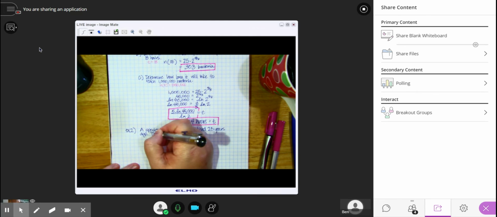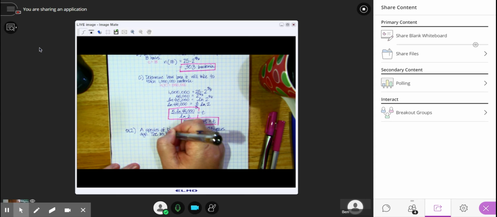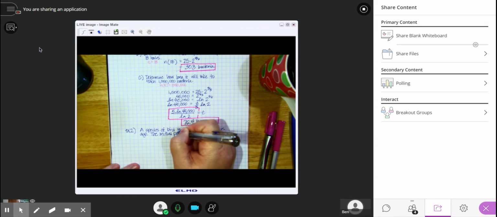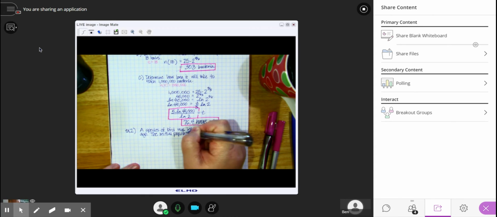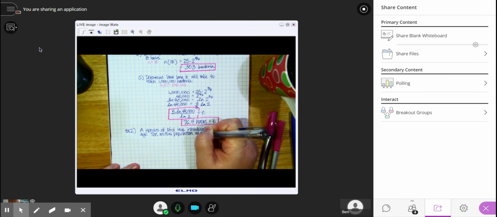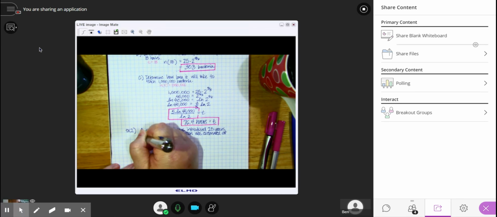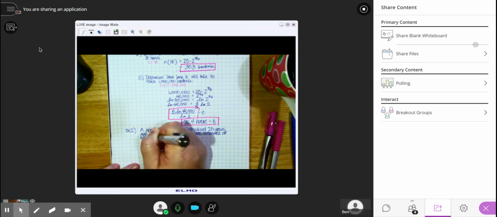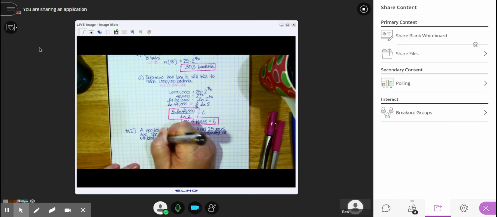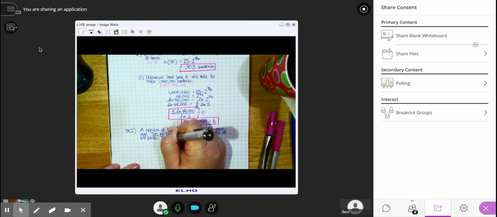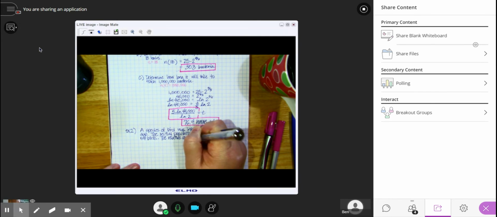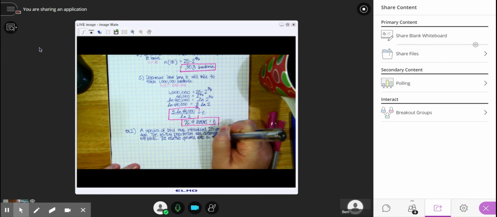The initial population was estimated at 54 birds. The relative growth rate is 12%.